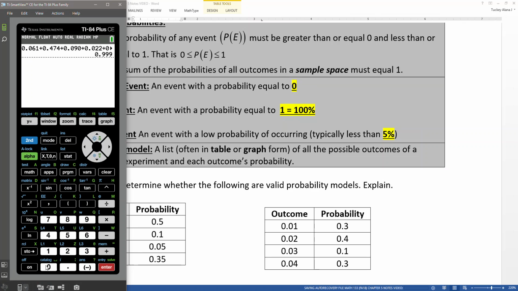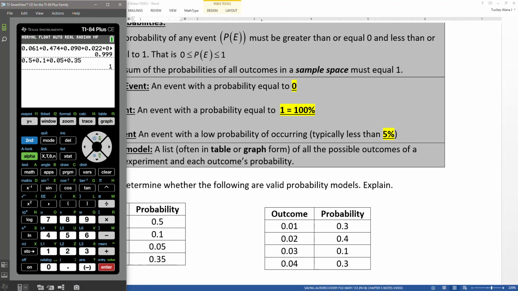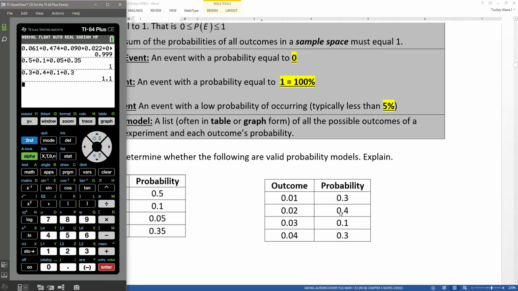So 0.5 plus 0.1 plus 0.05 plus 0.35. And sure enough, it makes 1. So this one on the left is valid. The one on the right is 0.3 plus 0.4 plus 0.1 plus 0.3, which is not valid. It's not adding up to 1.